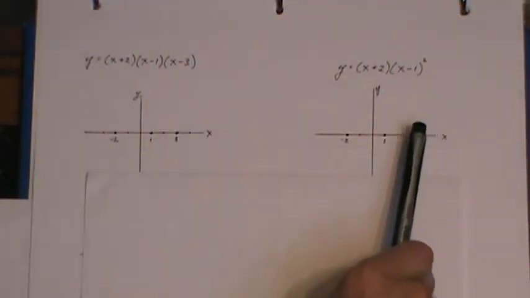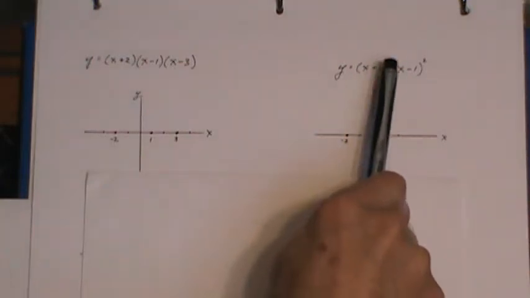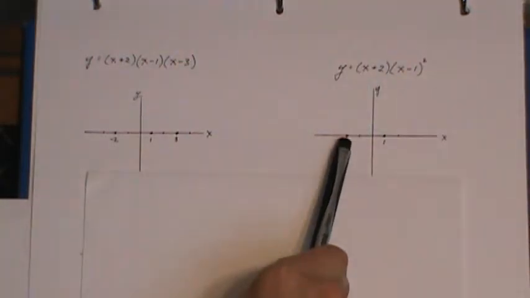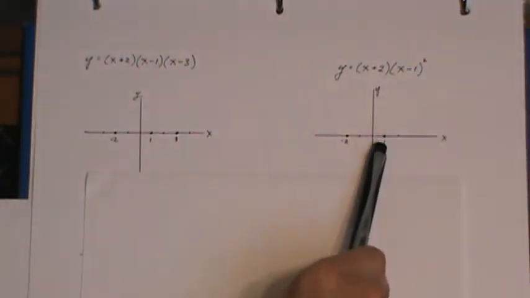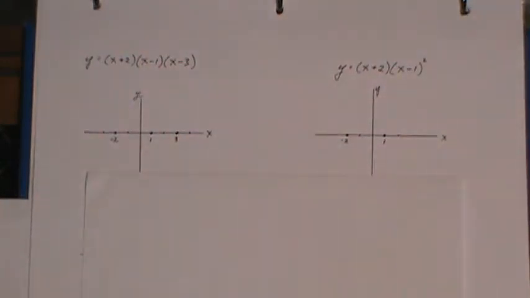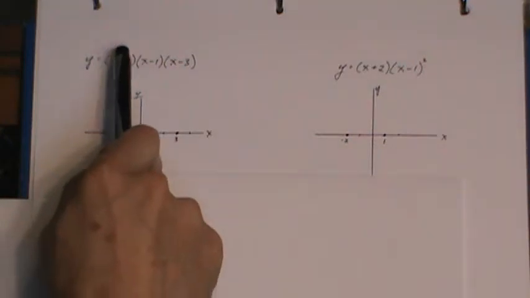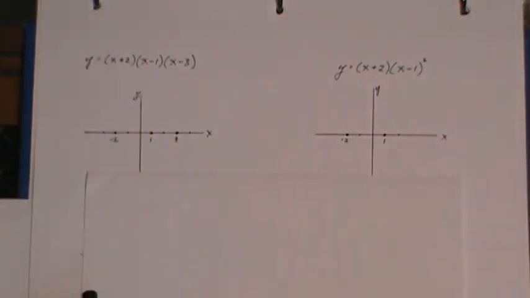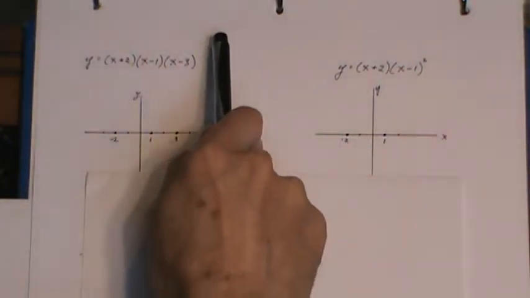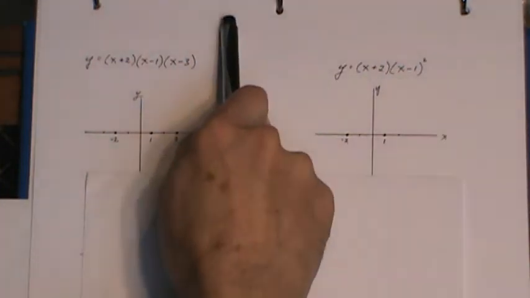In this case over here, there are only 2 zeros, negative 2, and positive 1 is a double, and I'll look at what happens there in a minute. The first thing you have to decide is, on the right, I always work from the right hand side, so what I do is I say, okay, x times x times x is x cubed. So I'm going to end going upward.